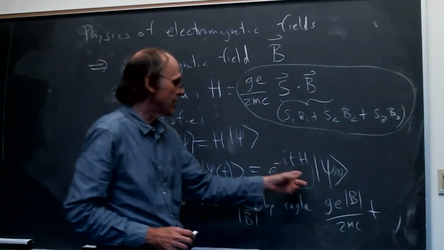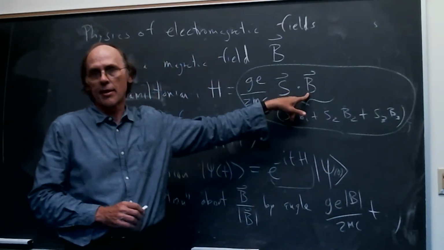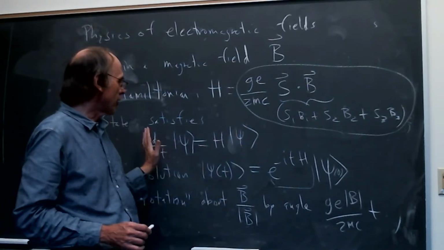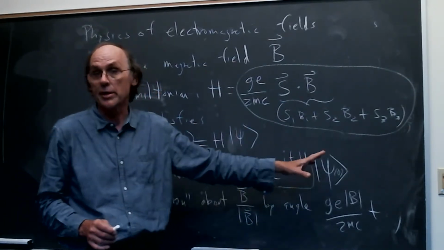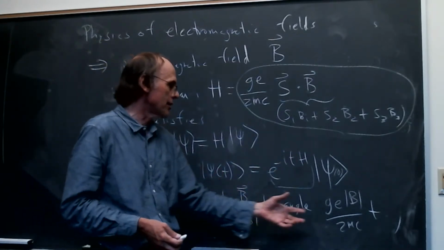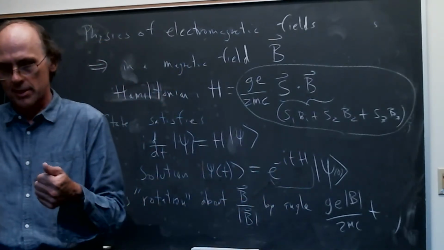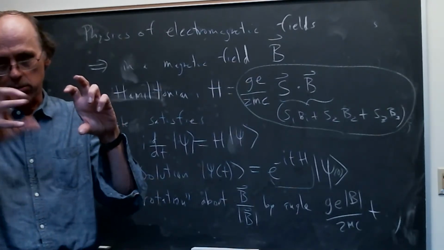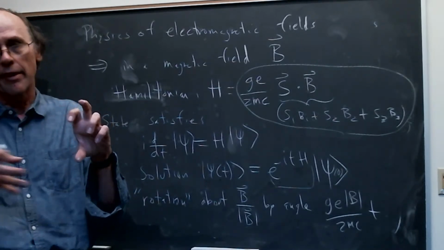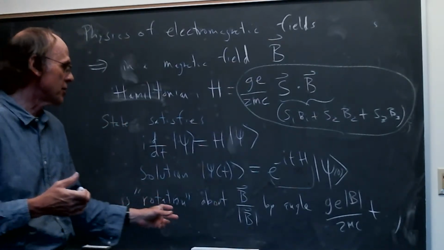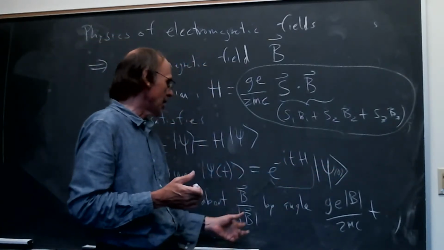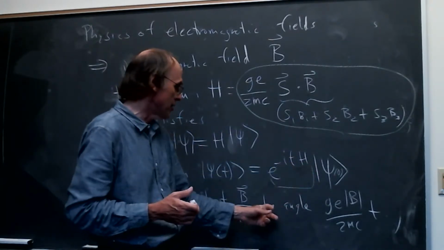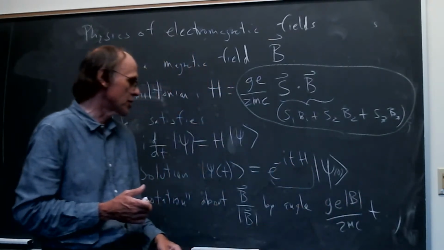And if the magnetic field is not constant, if B depends on time, then you're going to get a trickier equation to solve, but you can do it, and that gives you a lot of the complicated physics about what happens if you take a spin 1/2 particle and start applying a magnetic field to it and varying the field in various ways. You're going to have straightforward solutions to those.